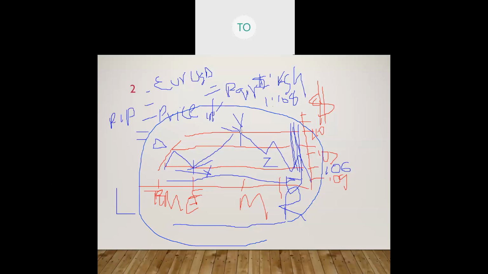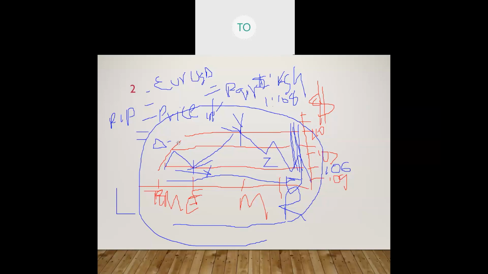So from Y to Z, yes, you're coming down, but then we call it pips, regardless of whether you're going up or down. So this from X to Y could be, from our chart here, be 110 minus 106, where the difference is actually 4. So you can say it is 4 pips.